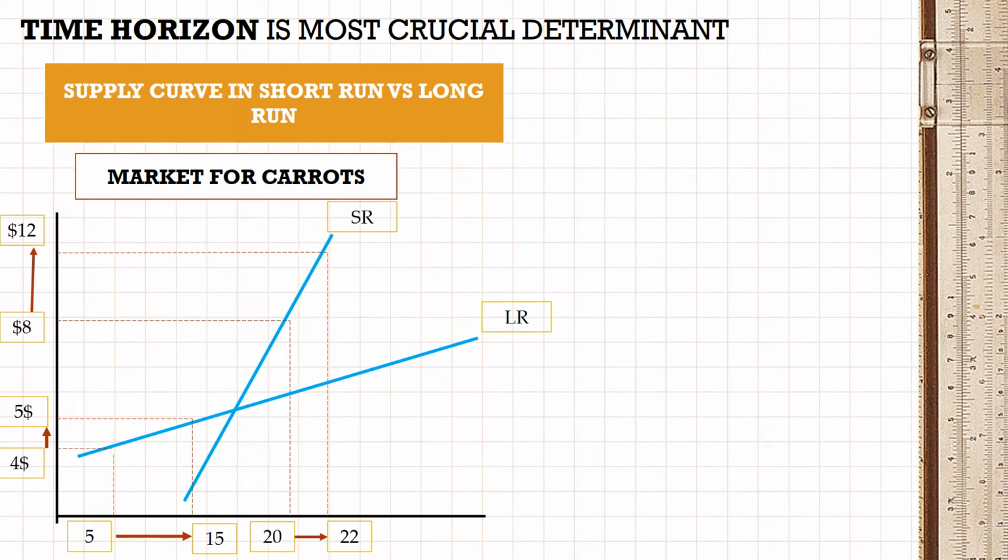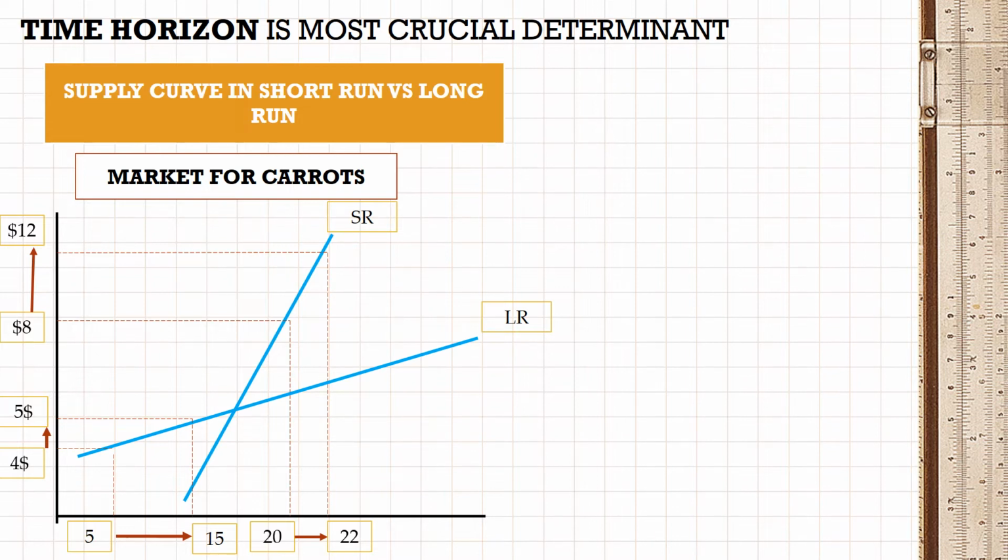So that's how things work. In the long run, even if there is a small change in price, you can quickly react, as in you can supply more. And as market price decreases, you have enough time to supply less. Or let's say the market price of tomatoes rises, so you can have some carrot fields and some tomato fields.